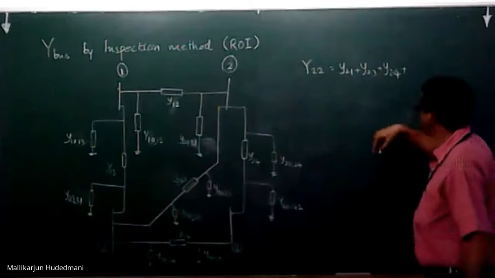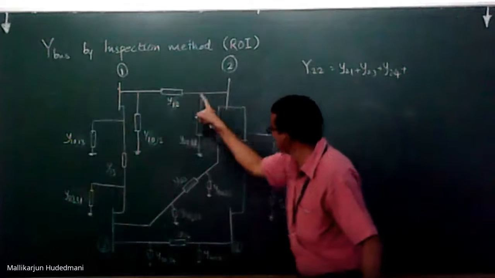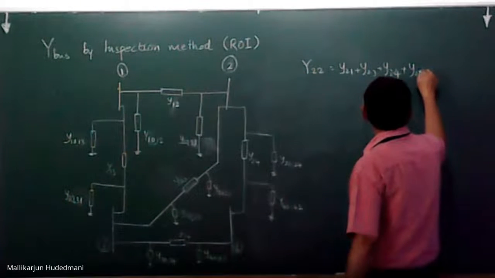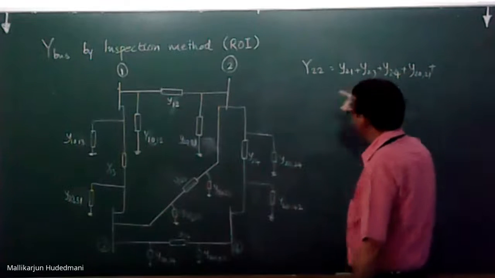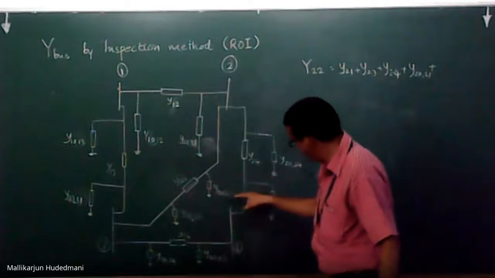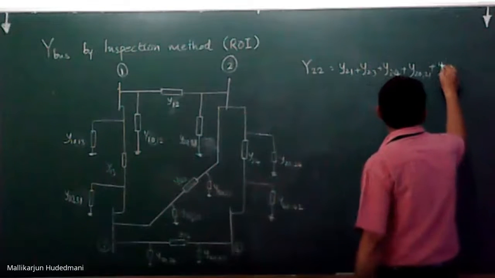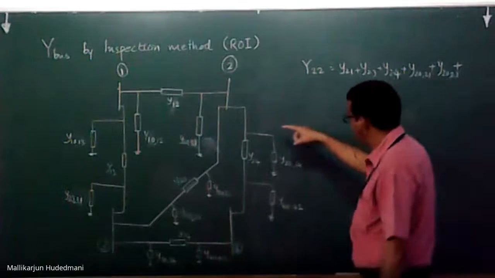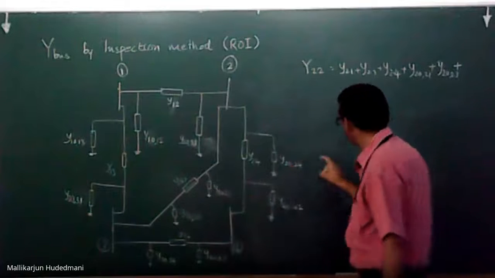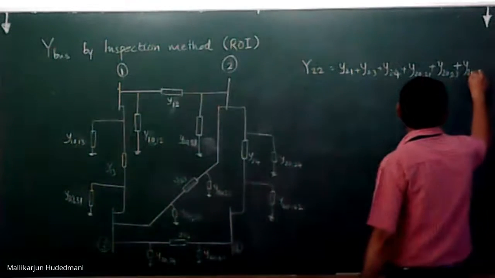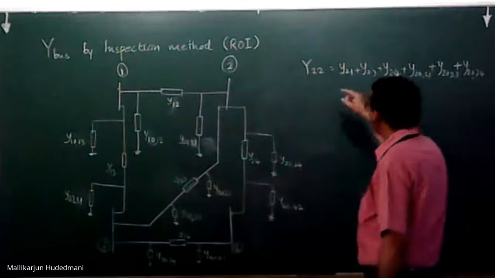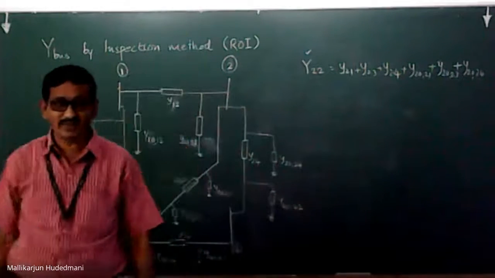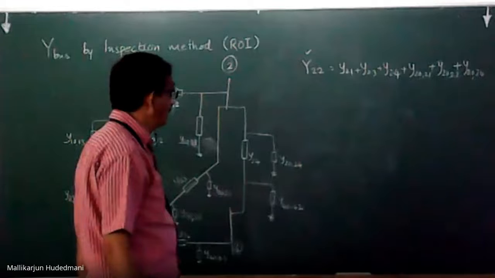Plus, the extra element is due to this: there is a Y20, 21. This is extra. Y20,21 plus Y20,23 plus Y20,24, meaning Y20 due to 24. This is your Y22, the exhaustive length of the Y bus diagonal element.